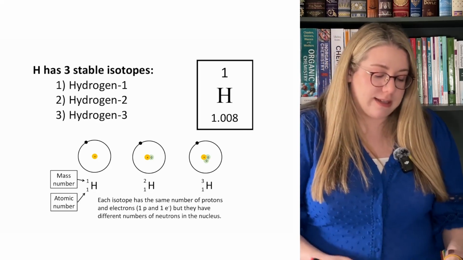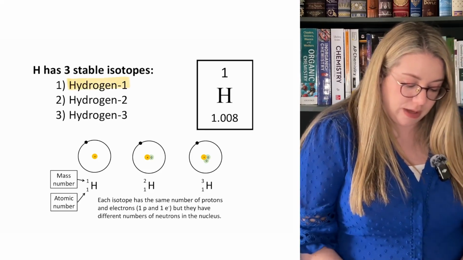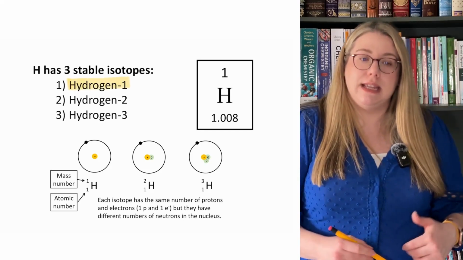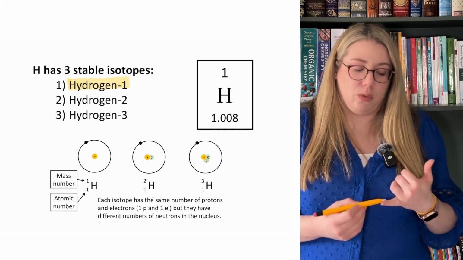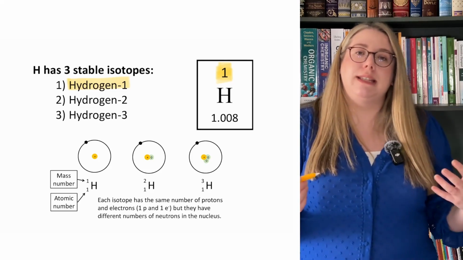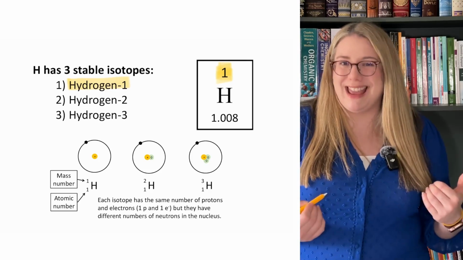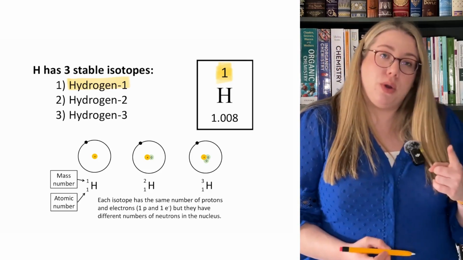Now, from your first isotope, this isotope is hydrogen 1. That's the one on the left-hand side. So it has an atomic number of 1. How do I know? Because it's hydrogen. When you look at the periodic table, that gives you the atomic number, even though it's not given in the formula yet. So it has 1 proton in the nucleus.